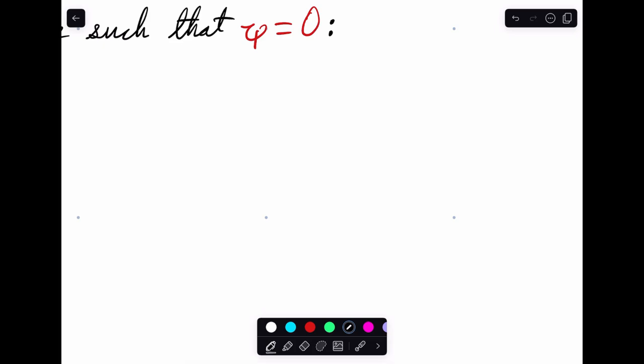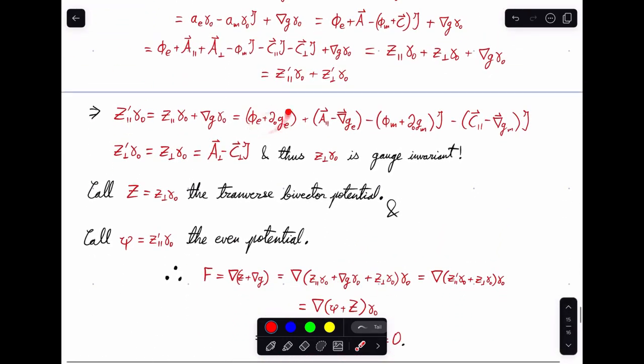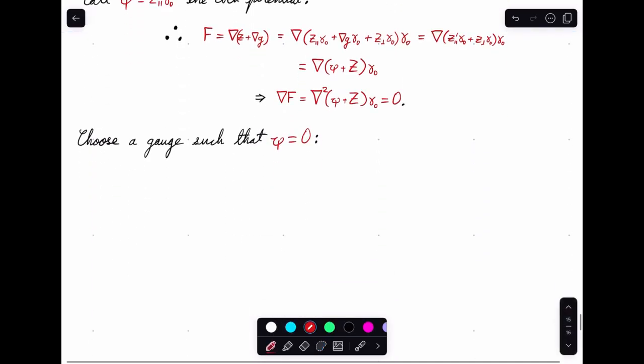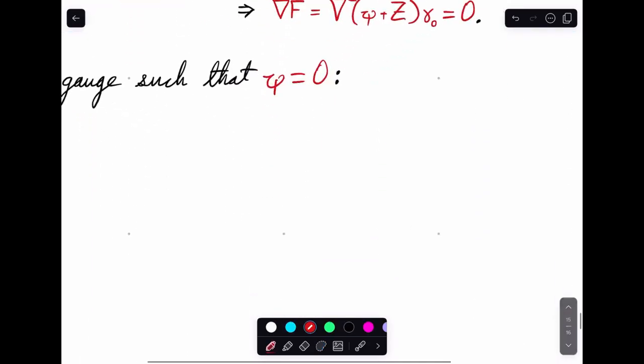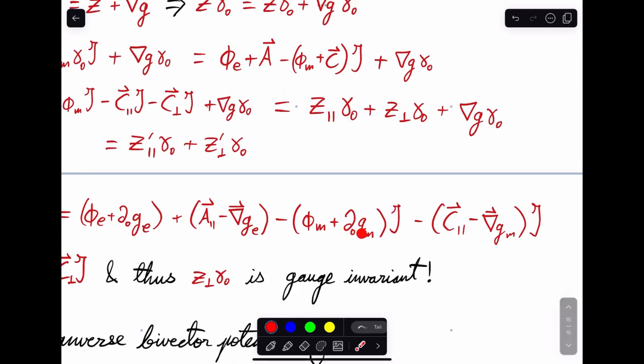The first bit is, if we want this to go to 0, then we need to have that the partial with respect to time of GE is equal to negative phi E.